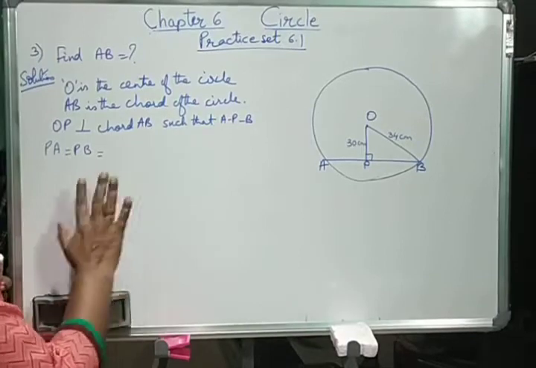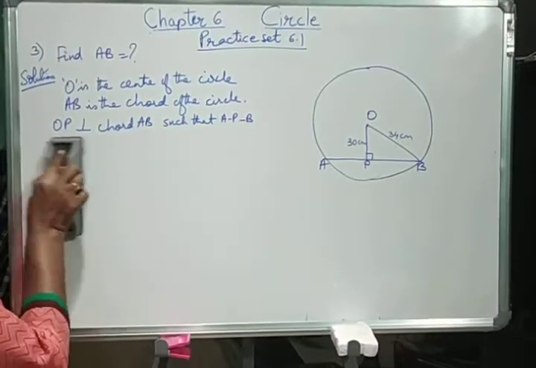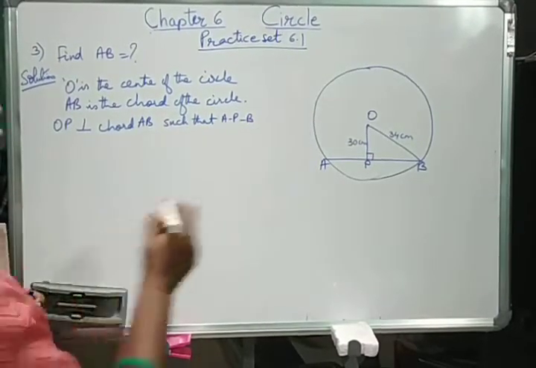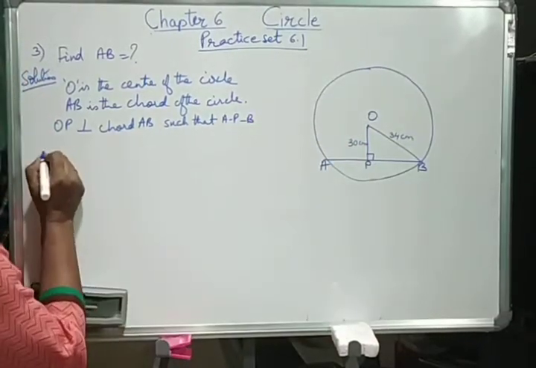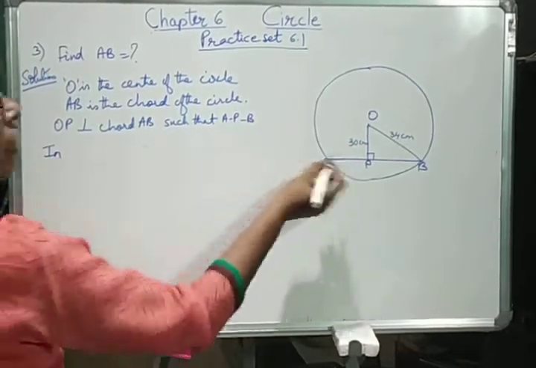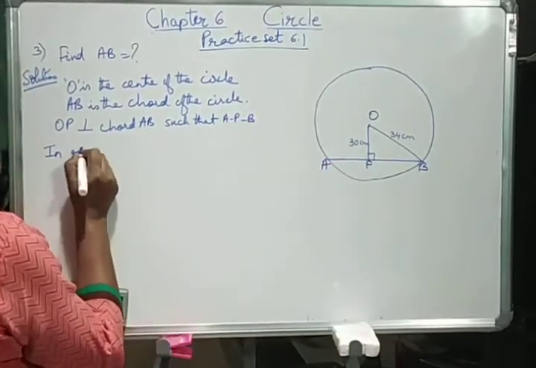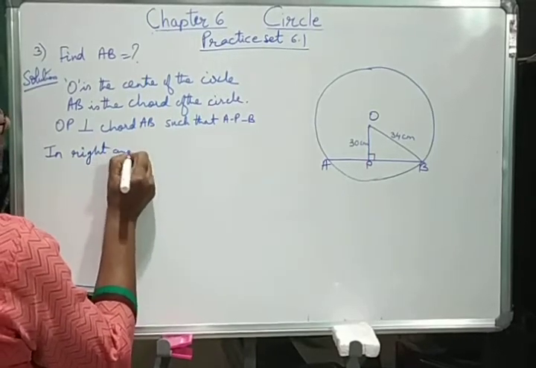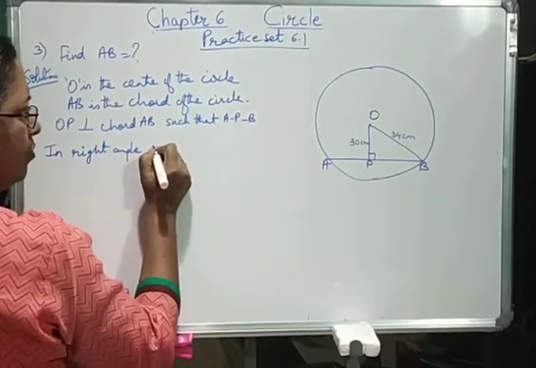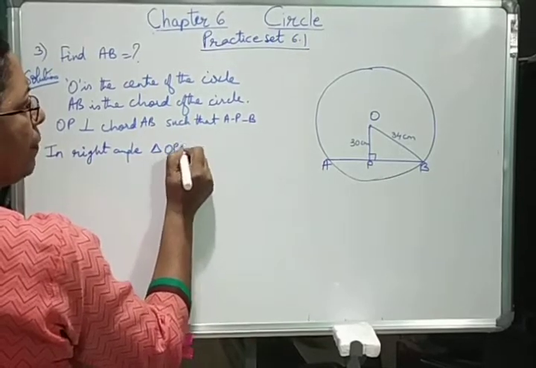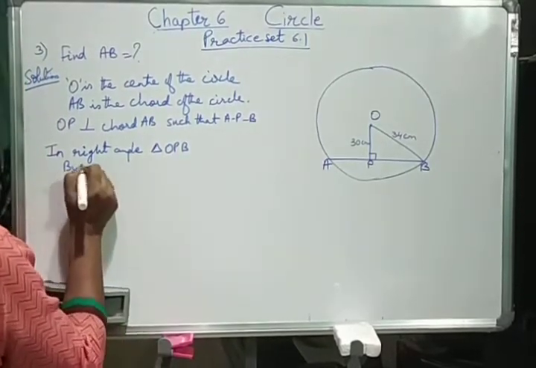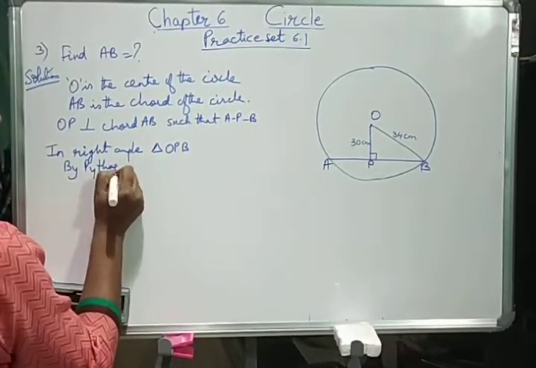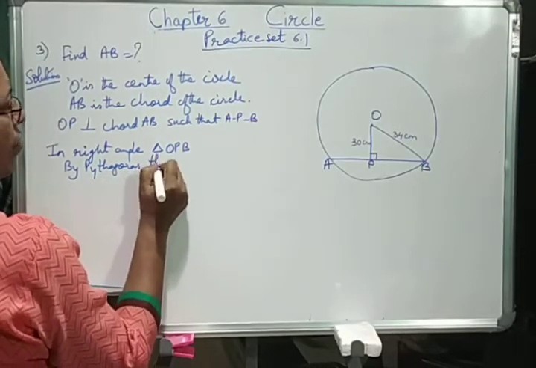So, in that case, what we will do here is, you will write down in right angle triangle OPB, by Pythagoras theorem.